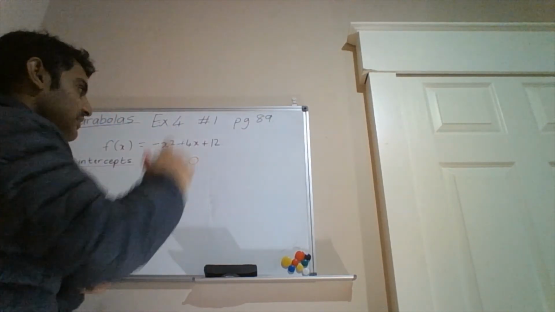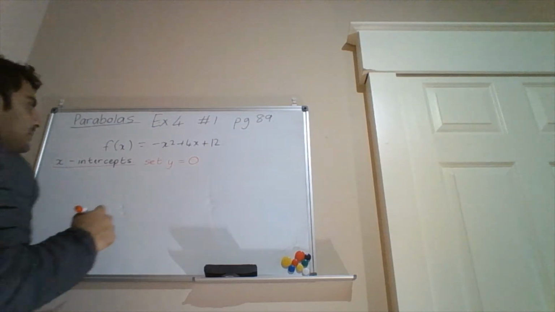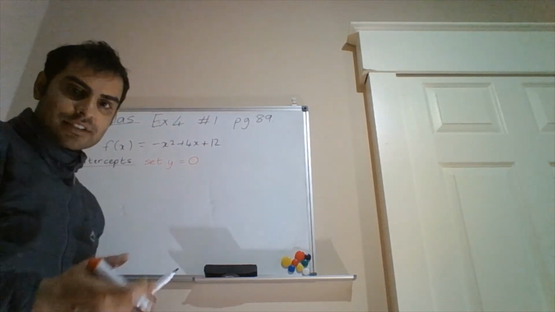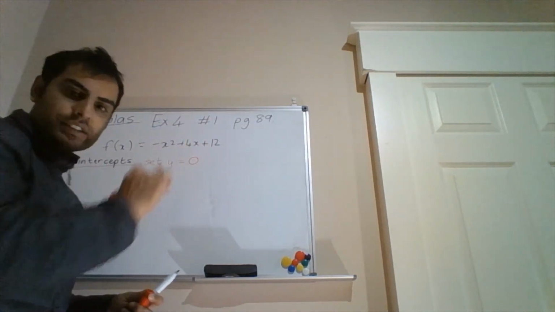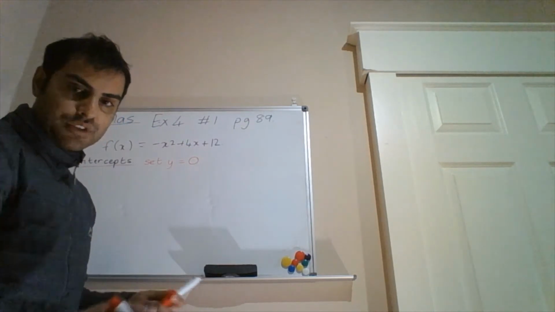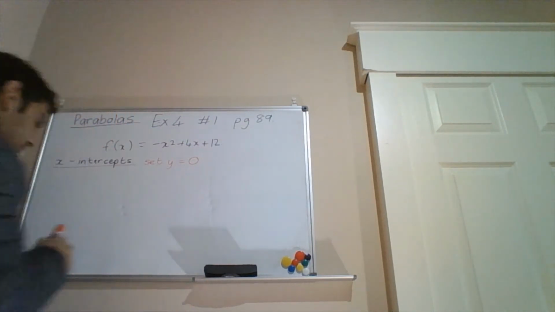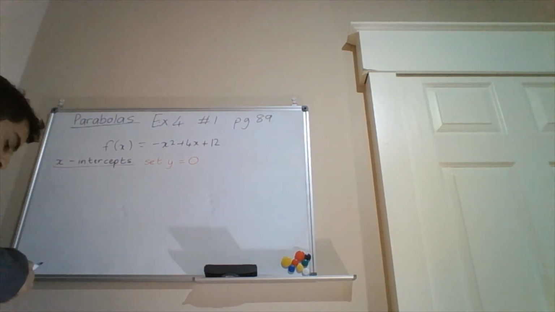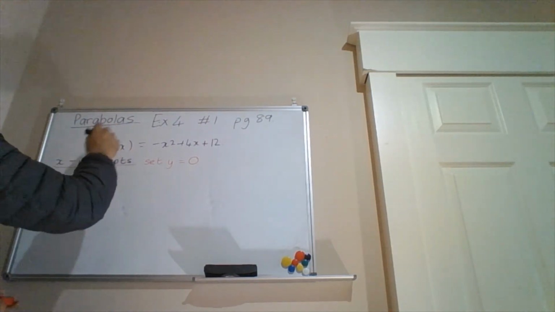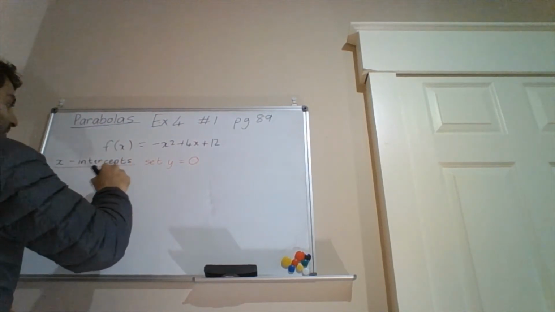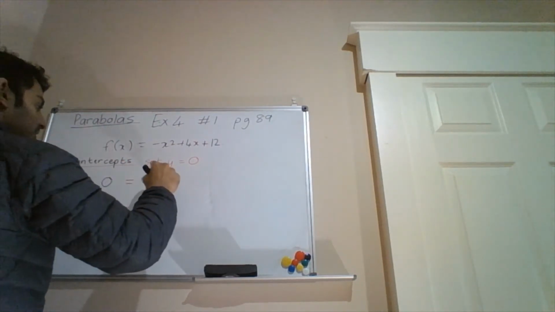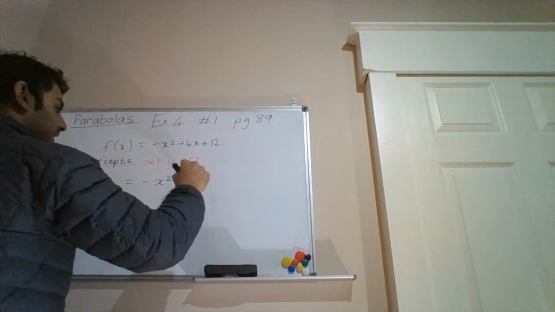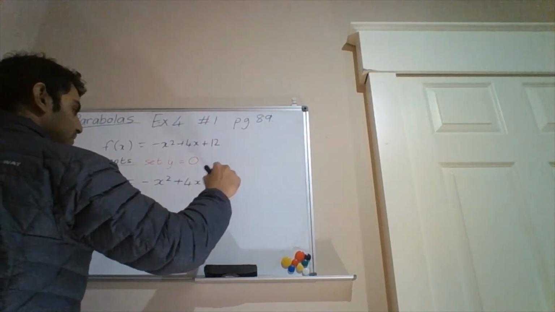They represent the y values. Also for the graph g of x, that's like the heights, the y values for different x inputs. So we need to set y equal to 0. So we make this thing 0. And we get the equation 0 equals minus x squared plus 4x plus 12.